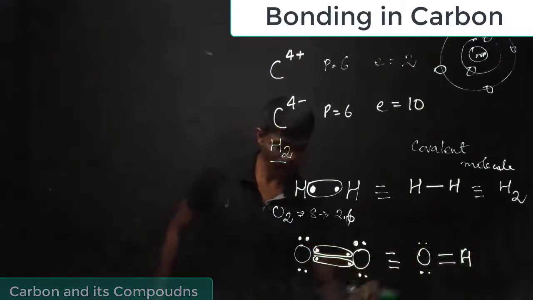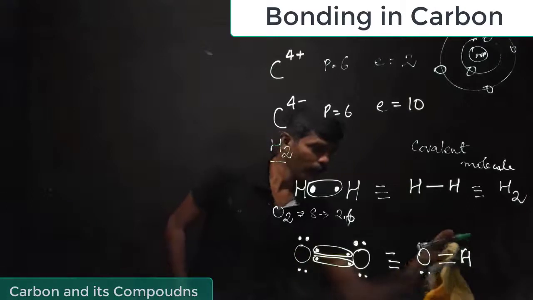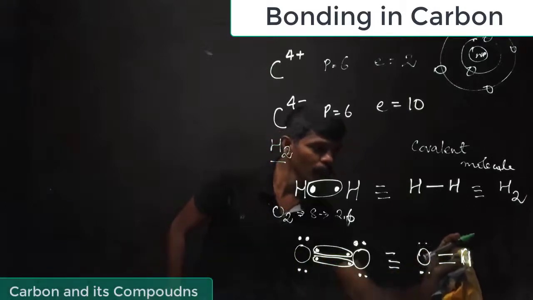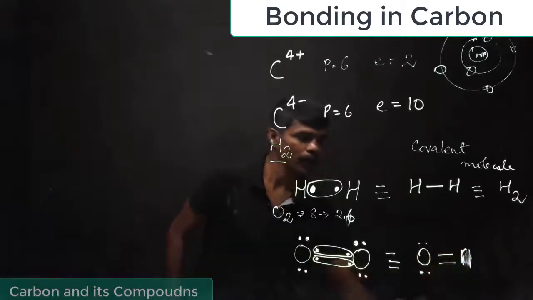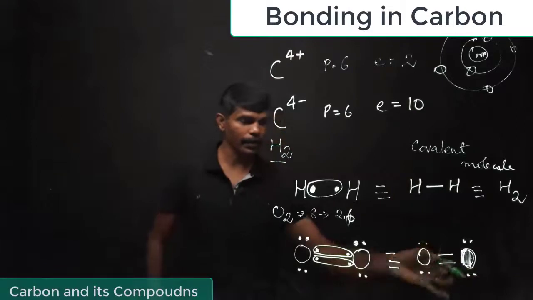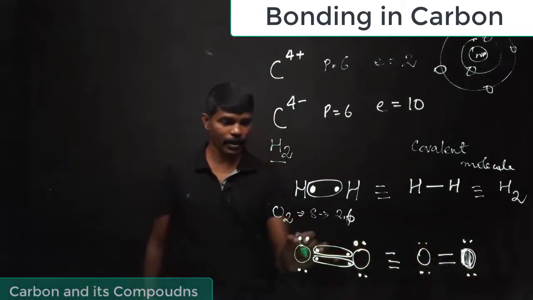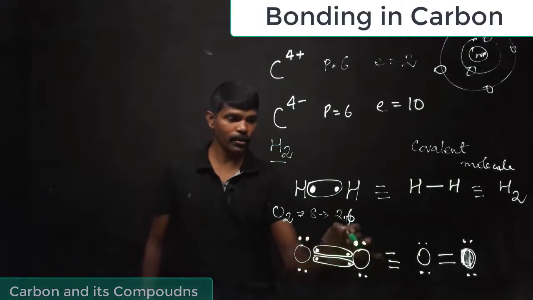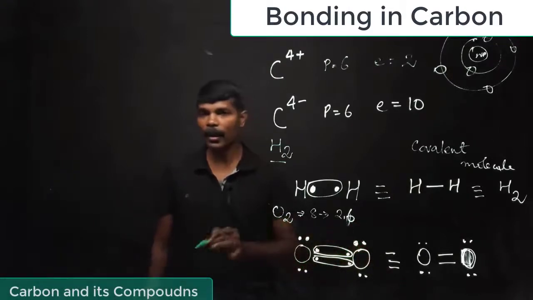Sorry, here the structure would be O, right? So here we write oxygen, with 4 electrons not participating. So altogether you can see for this oxygen atom 1 2 3 4 5 6 7 8 electrons, and for this oxygen 1 2 3 4 5 6 7 8 electrons.